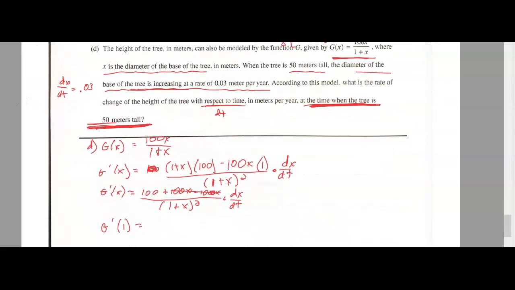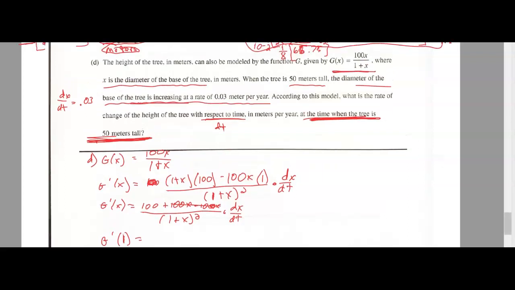You'd have to figure out in terms of where did the 1 come from. Here's your height, because again, they gave you your height is 50. So if we come down here, g of x is our height, and it equals 100x over 1 plus x. You're told you're going to do this when our height is 50.